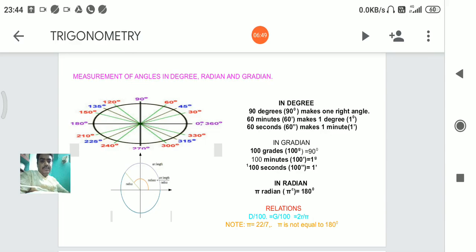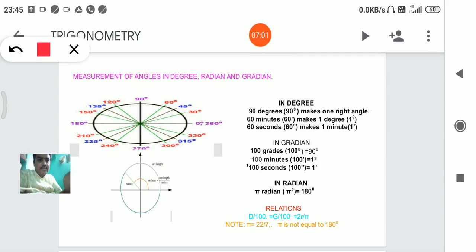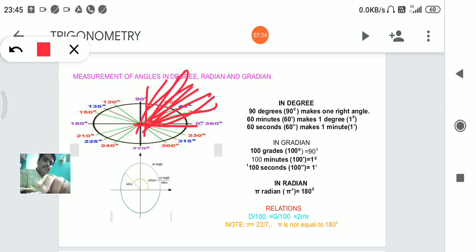Now, if this circle we divide into 4 quadrants by these 2 perpendicular lines, and if this perpendicular angle I divide into 90 equal parts, then one part is known as 1 degree.